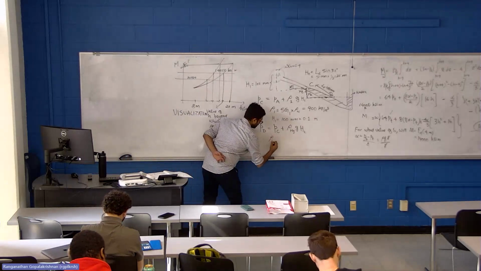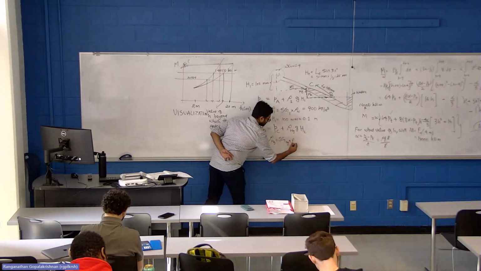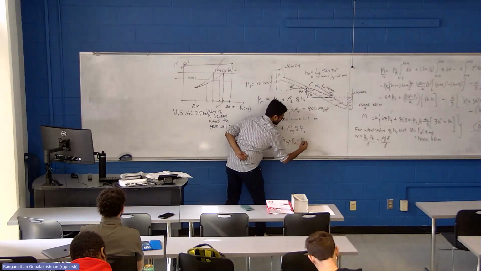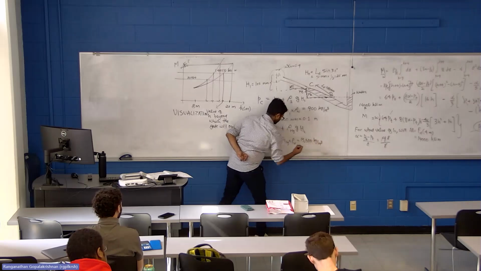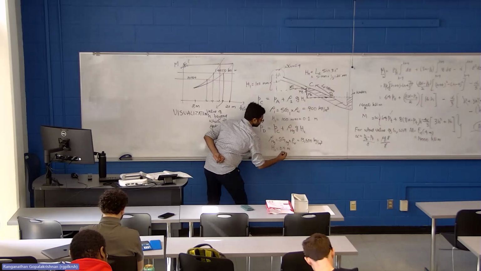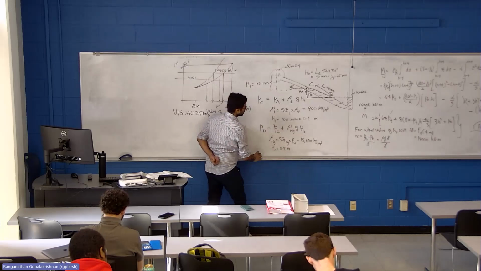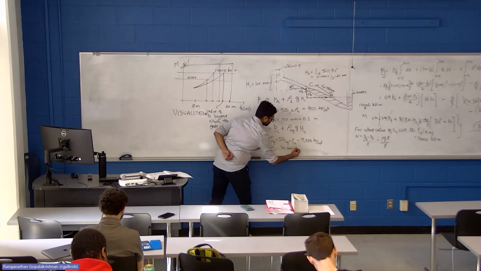The density of mercury is the specific gravity of mercury times the density of water, which is 13,600 kilograms per meter cube, and H2 is, sorry, not 0.5 meters, 50 millimeters, which is 0.05 meters.